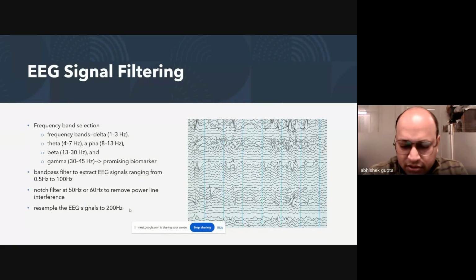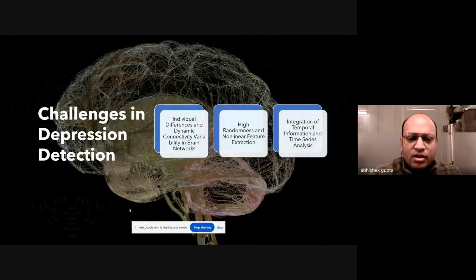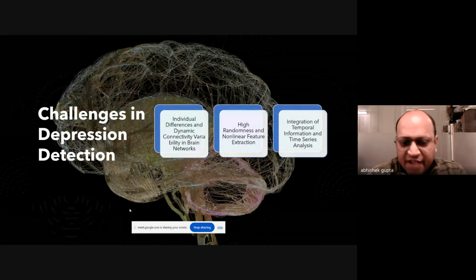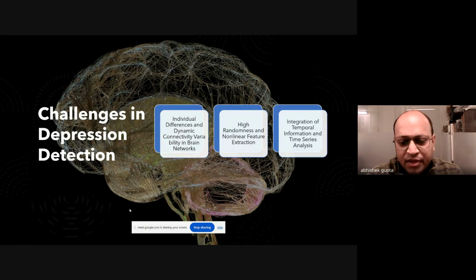Moreover, there is a challenge in why we are using graphical data. It is derived from the literature. So what drives us to use graphical data? In the previous work, many researchers have used convolutional neural networks, simply CNN. CNN basically sees the data, a signal also, as an image.